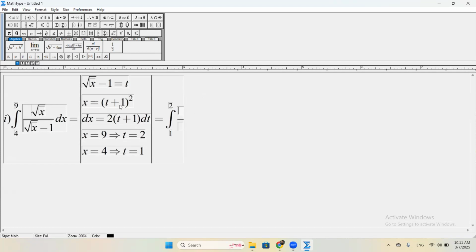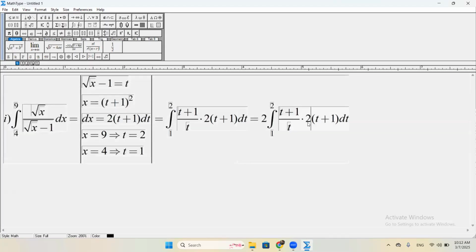So (t plus 1) over t multiplied by 2(t plus 1) dt. I will move 2 out of the integral sign, and I receive the following expression: (t plus 1) squared over t.